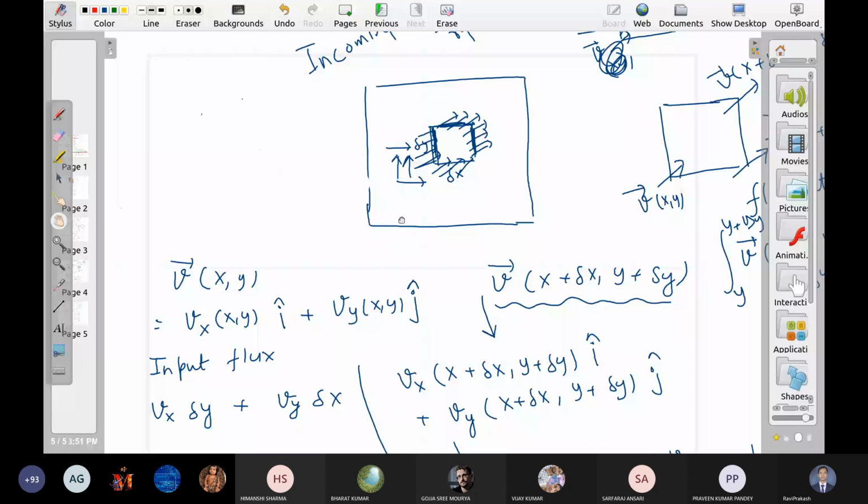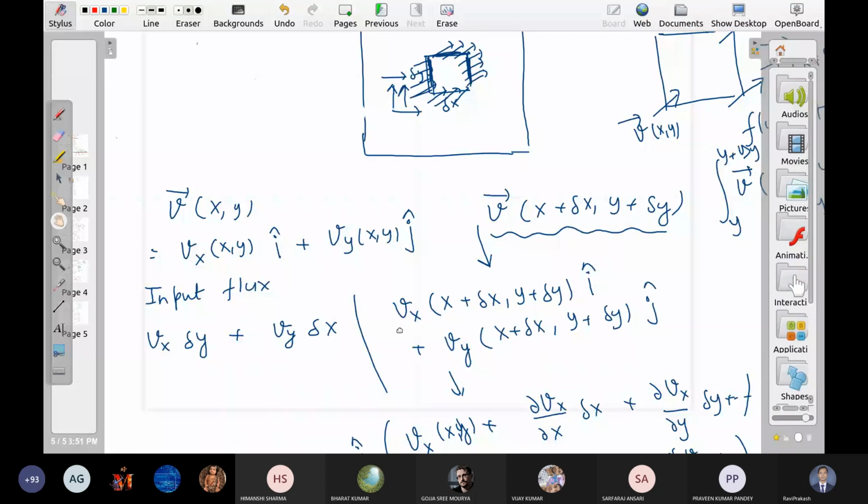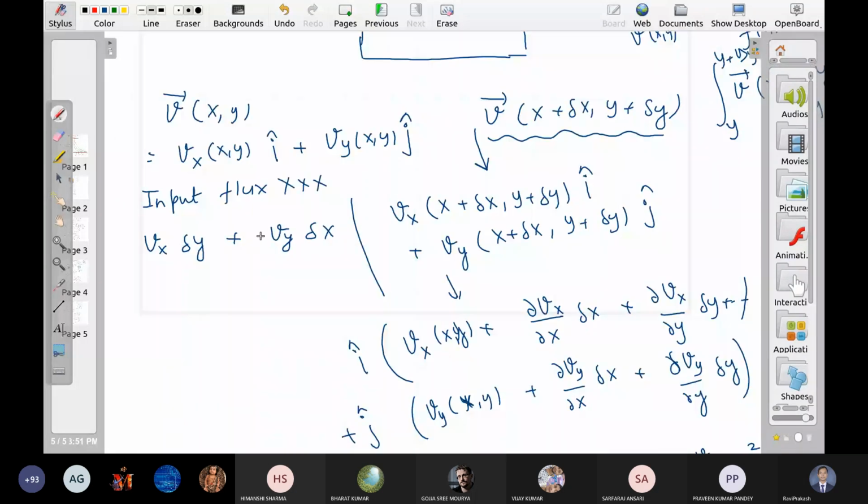So it's not a problem, but the way I am doing it is going to be very mathematical. Actually, this part is not right. Do you know why? This part is incorrect. This is not the input flux.